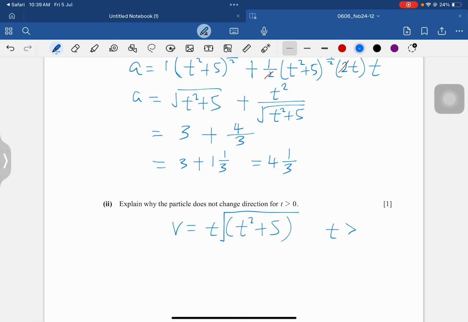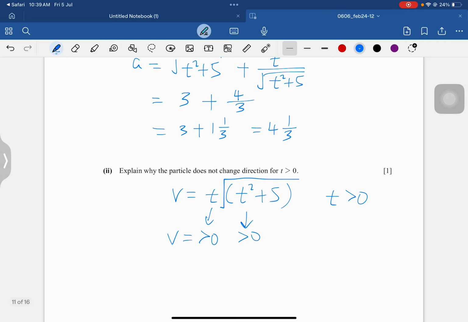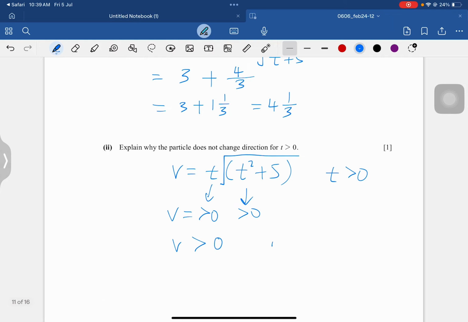Since we're expecting t is more than 0, when we sub in here, this number will be more than 0, and this is a square root at the square there. Inside must be more than 0. Your v turned out to be more than 0. So never negative. It will not change directions.